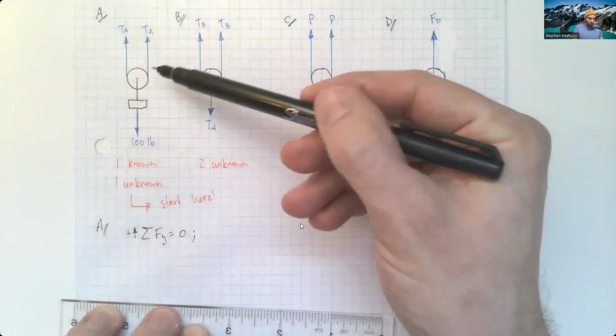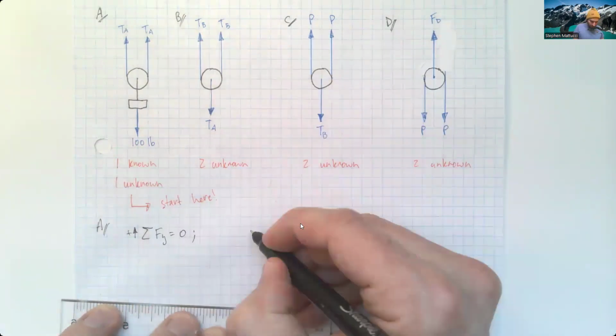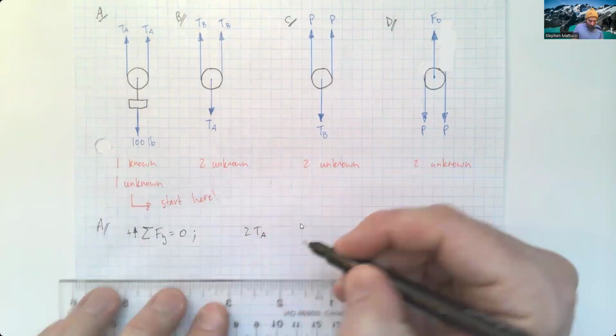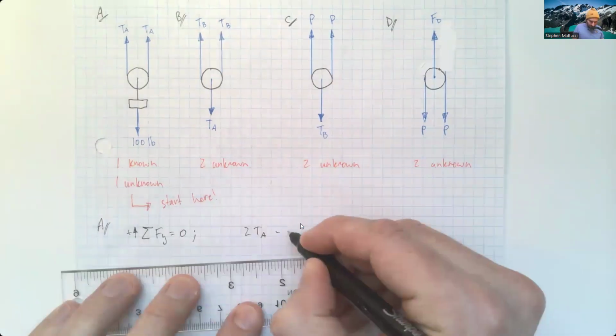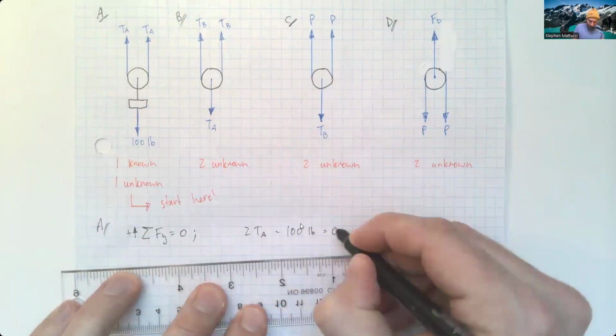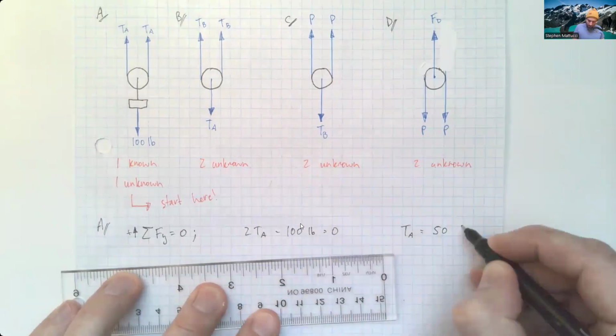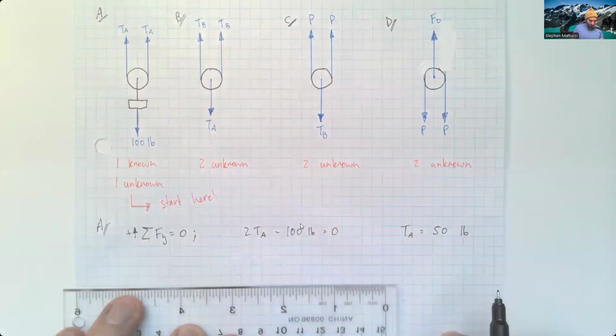For pulley A, we have 2TA pointing upwards minus 100 pounds. 2TA minus 100 pounds equals 0. TA is 50 pounds.